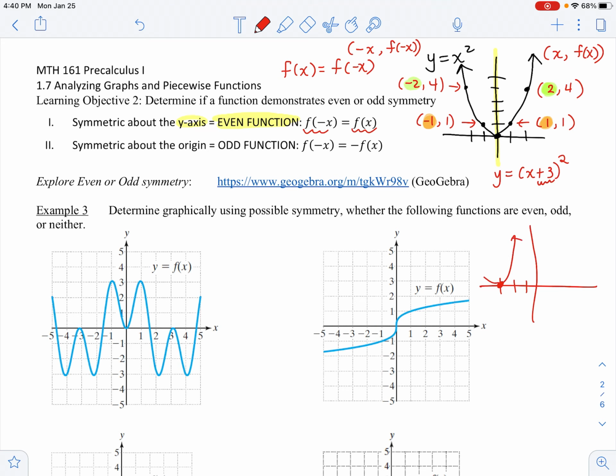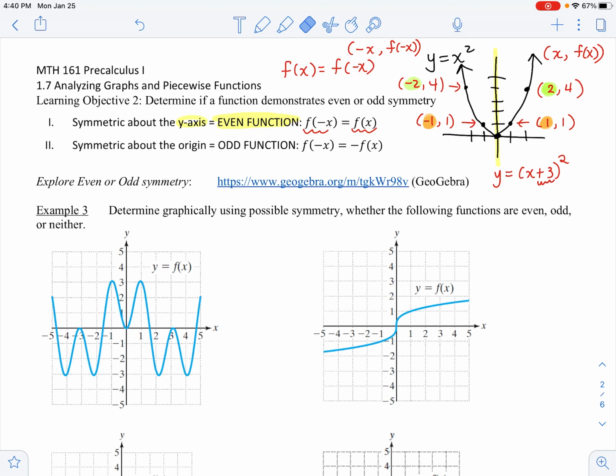And then you're going to have a graph that looks like this. Now, this parabola is symmetric about its axis of symmetry at x equals negative 3. This graph is not symmetric about the y-axis. So only graphs that are symmetric about the y-axis are called even functions, okay? Some even degree functions are not going to be even functions, okay?